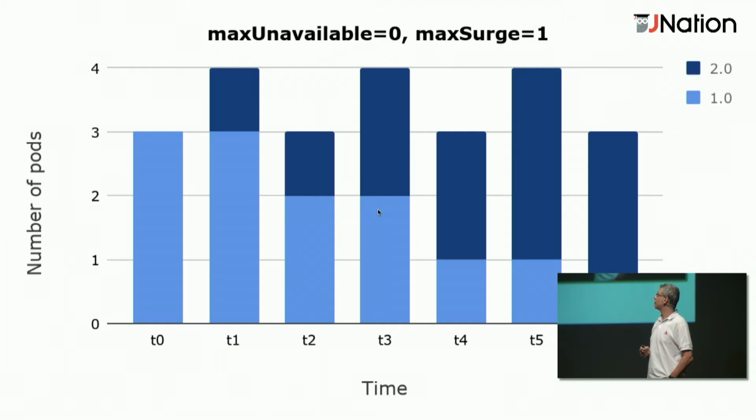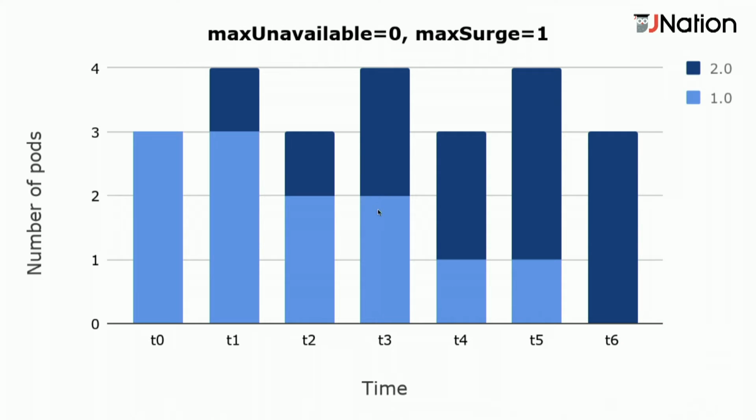And I've created a nice schema for that. So at T0, you have 3 replicas of your application, V1, and because we have max unavailable 0 and max surge 1, that means we can allow 1 extra pod.